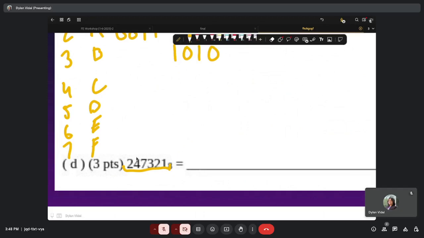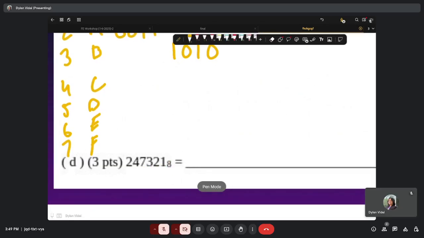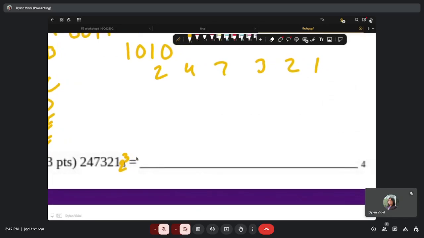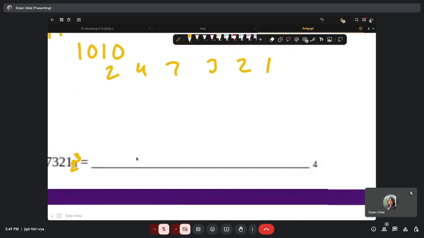All right, so down here, we're going to express this again into our binary digits, each of them. So each of these digits is going to be how many binary digits? 3, because this is 2 to the 3. So we're going to take 2, 4, 7, 3, 2, 1. And so we're going to go from right to left. So 1 is just going to be 1. 2 is going to be 2.